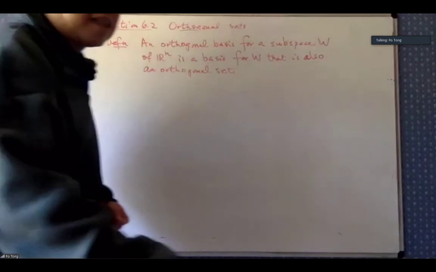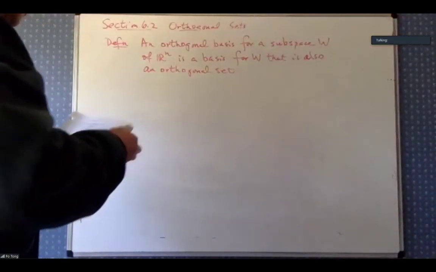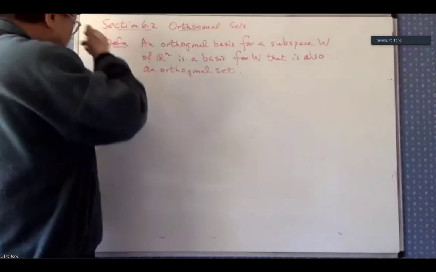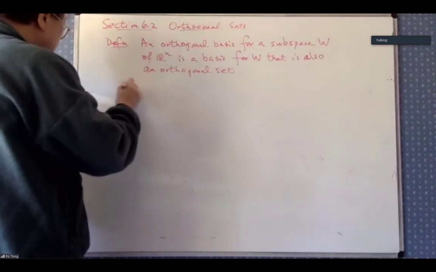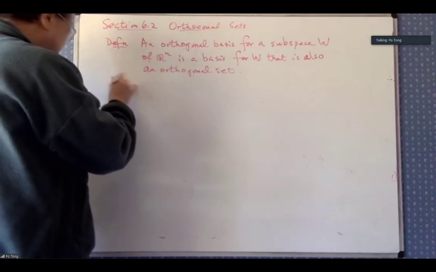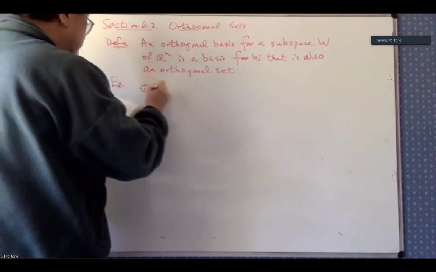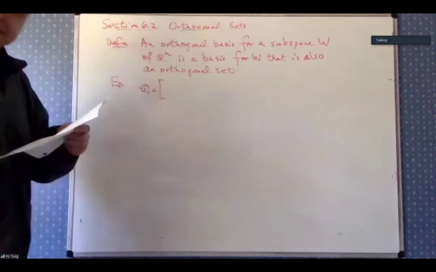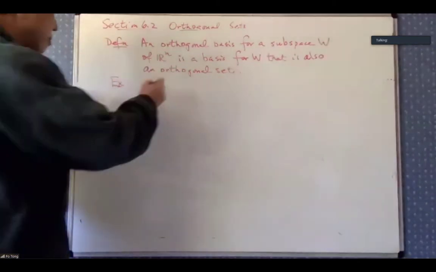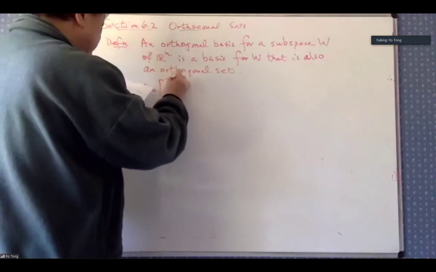So let's understand this a little bit better. In the earlier example, U1 is equal to (3, 1, 1).